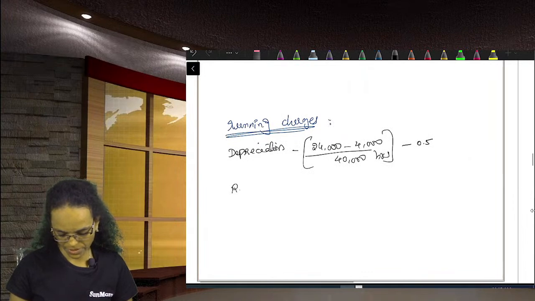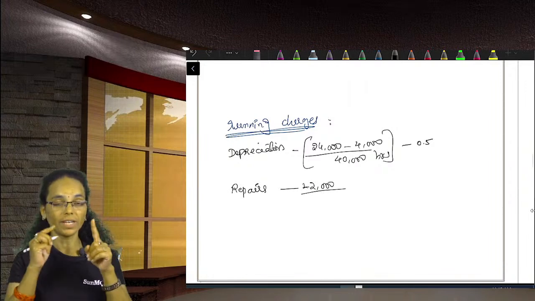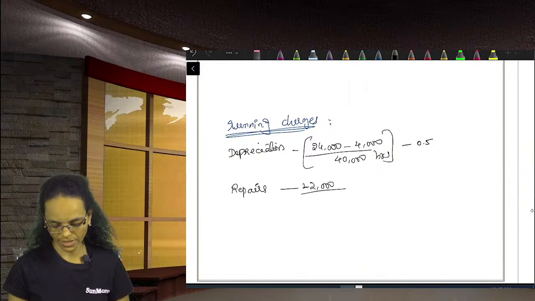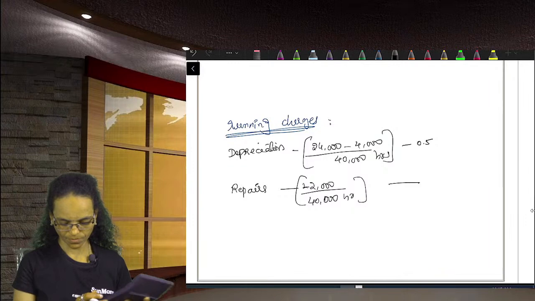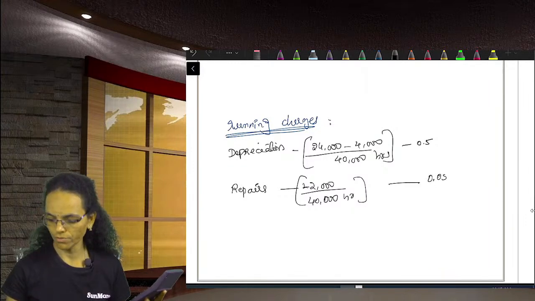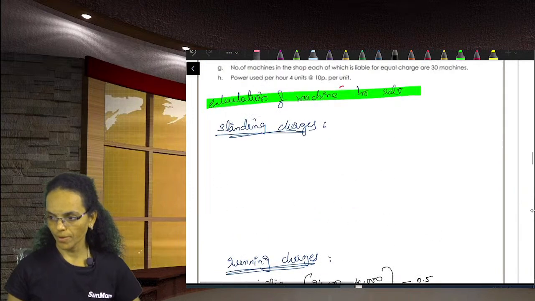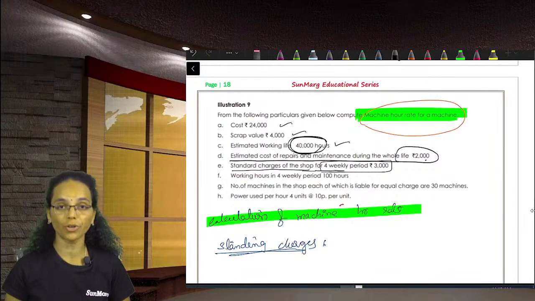So, repairs, 2,000 is the expenditure we are incurring for the whole life of the machinery, that is 40,000 hours. Is 0.05 paisa repairs.